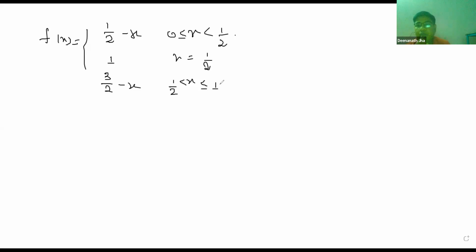Okay, one question from Enigma. Can you tell me at which x you will conclude continuity? x is equal to 0 or x is equal to 1 by 2 or x is equal to 1? At x is equal to 1 by 2.